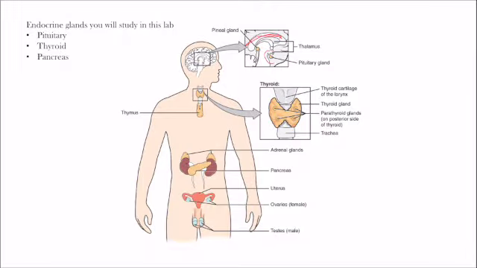The pituitary gland has an anterior and a posterior pituitary. The anterior pituitary produces hormones such as growth hormone, thyroid-stimulating hormone, then another one is adrenocorticotropic hormone.